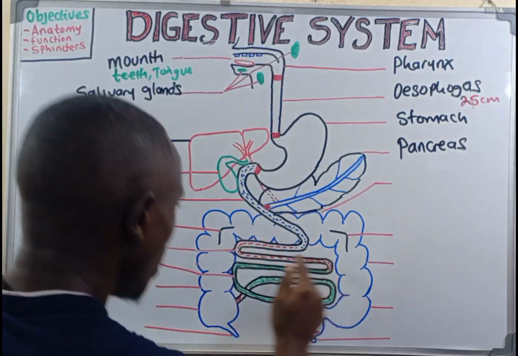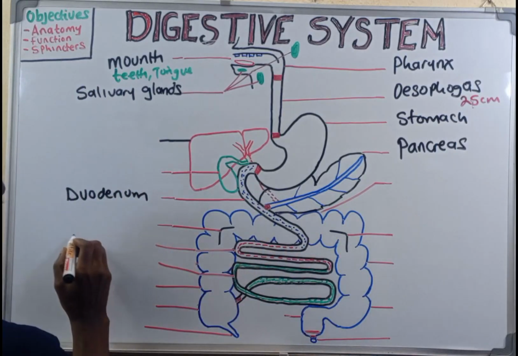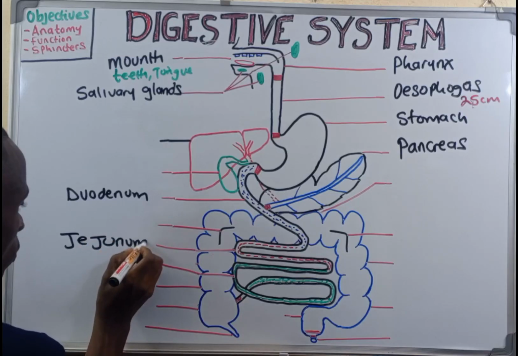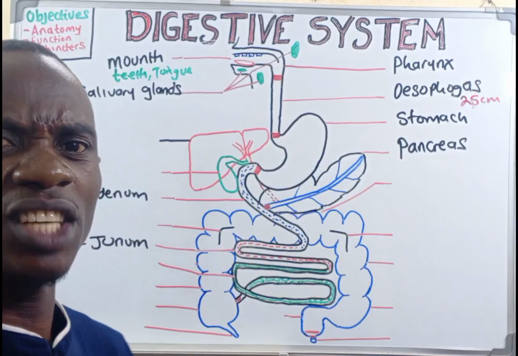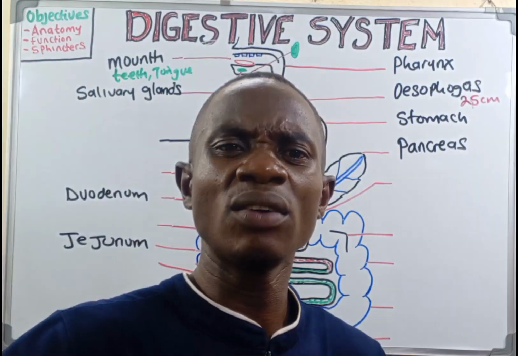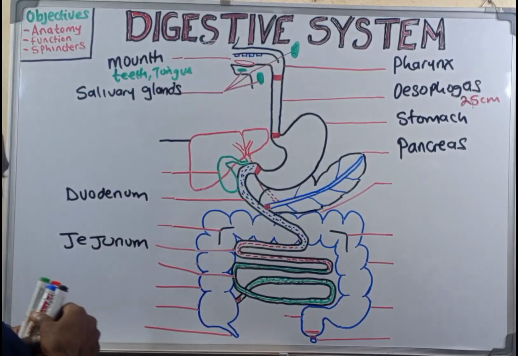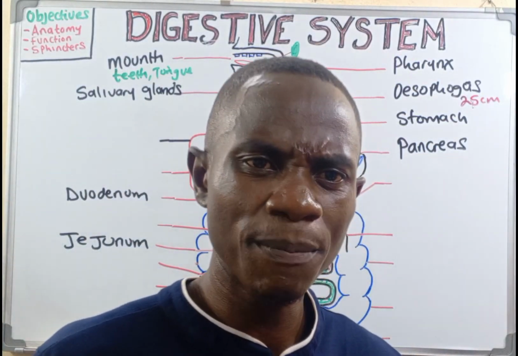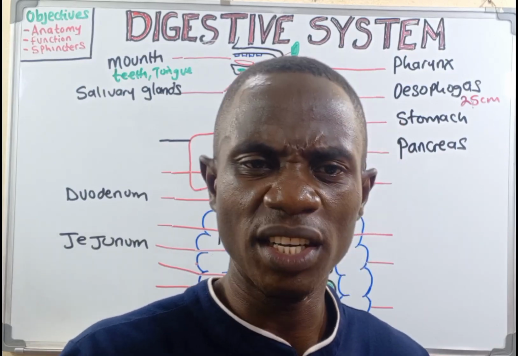This segment after the duodenum is what we call the jejunum. The jejunum is around 2.5 meters long, while the duodenum is just around 25 centimeters long, meaning that the duodenum is very short compared to the jejunum.